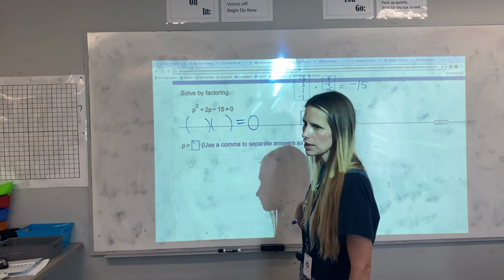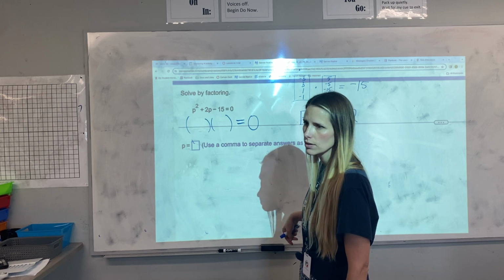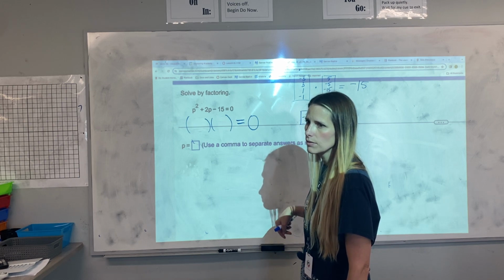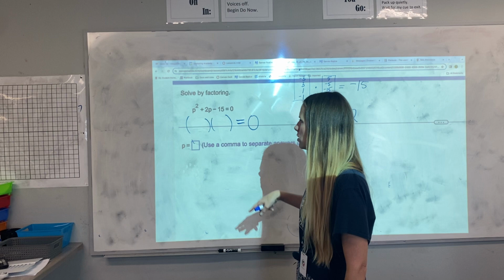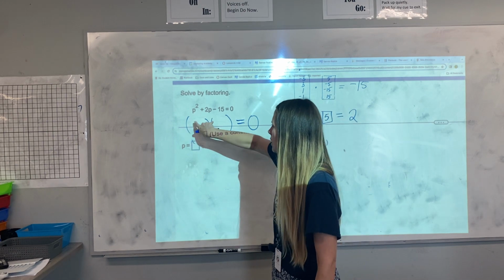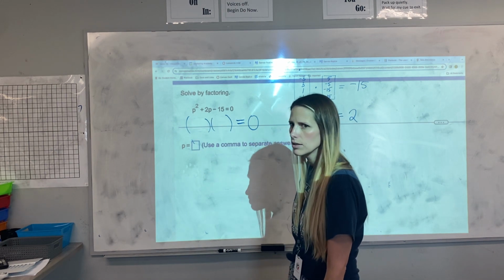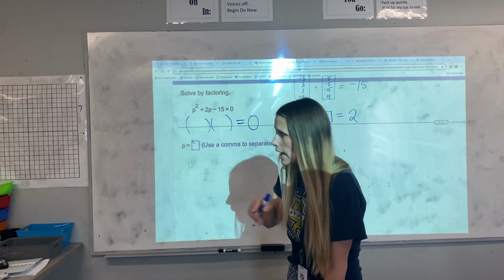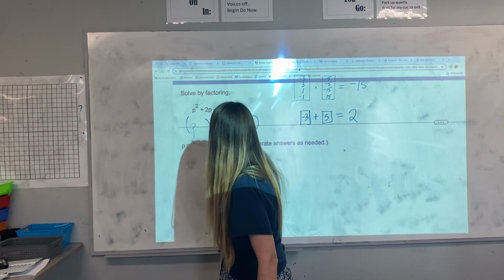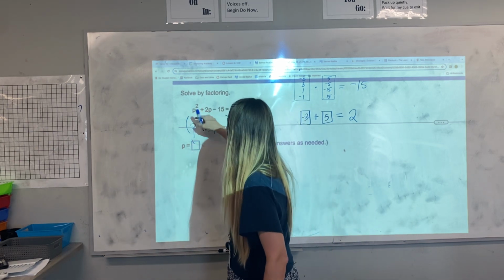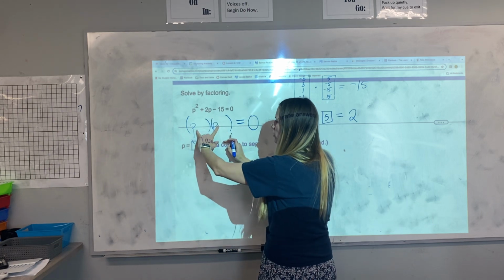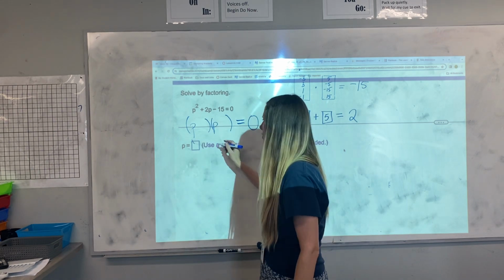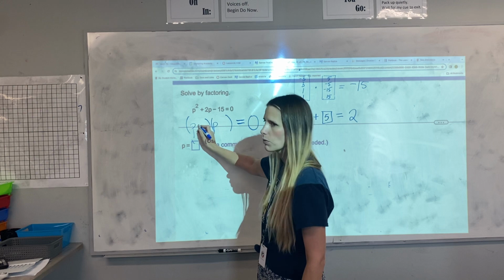What does bi mean? 2. Binomial meaning 2 terms in each one. Yes, p would go in both of them because p squared broken down into 2 factors would be p times p. Okay? And then what would I have?